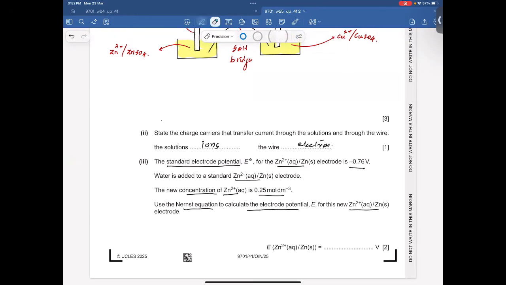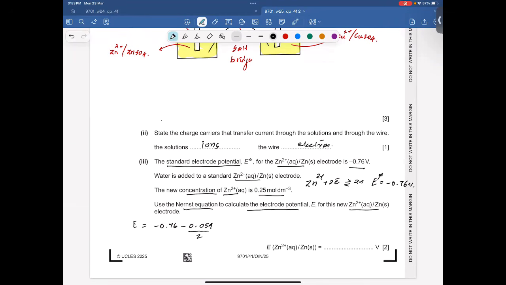First of all, zinc ions plus 2 electrons, reversible sign, zinc, and it has an E naught value of minus 0.76 volt. So that's the half equation for zinc electrode. Use Nernst equation, E equals E naught, E naught is minus 0.76 minus 0.059 divided by 2 because we have 2 electrons in the equation, log concentration of product, and product is zinc metal and metal is solid.